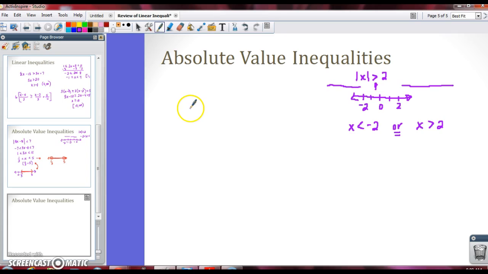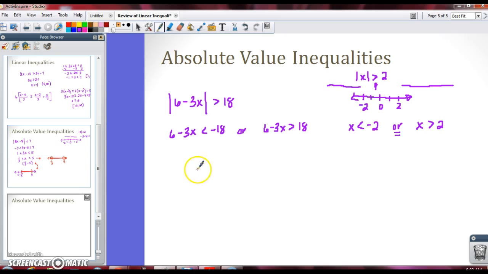So let's do a problem. If I have the absolute value of 6 minus 3x is greater than 18, there's my greater than symbol. Again, I have to account for my two cases: 6 minus 3x is less than -18, or 6 minus 3x is greater than +18.